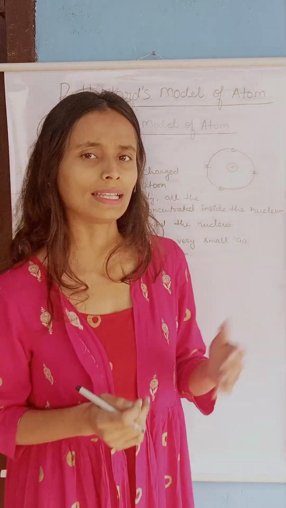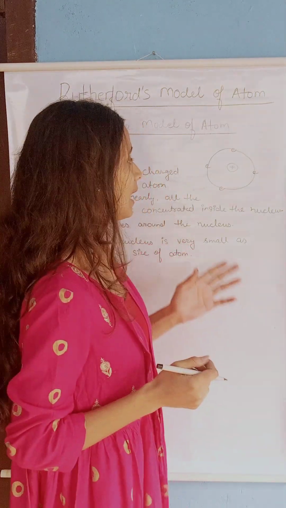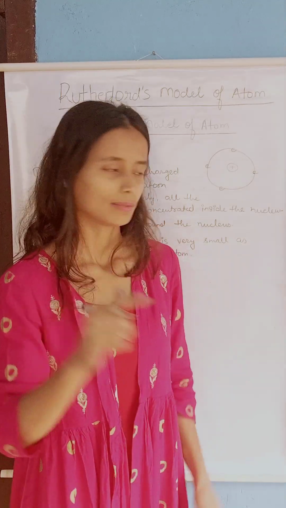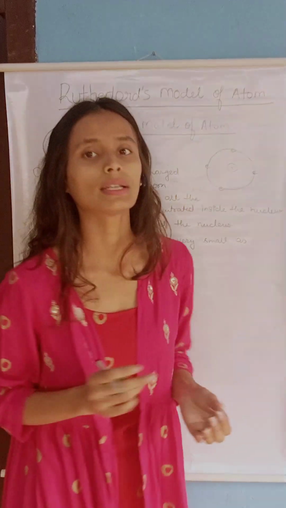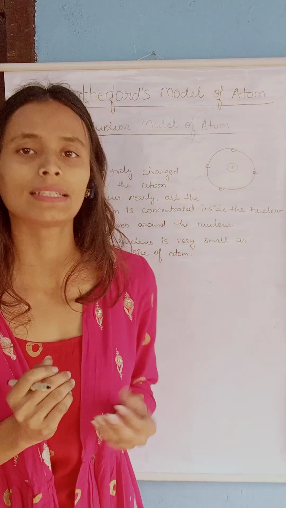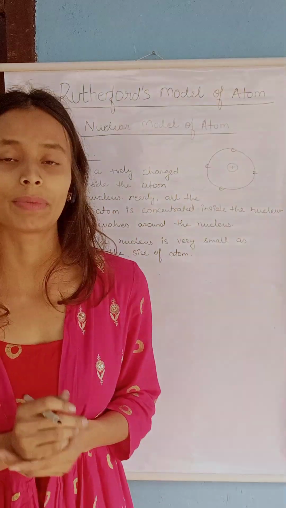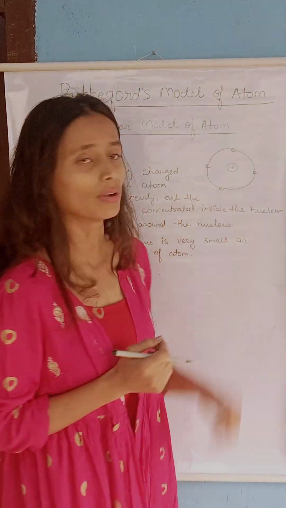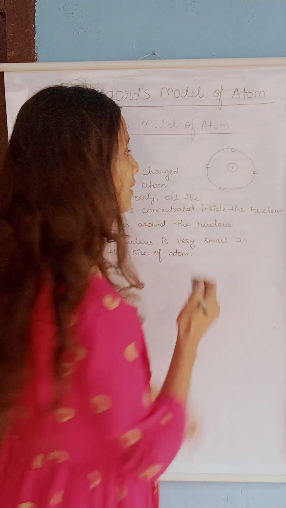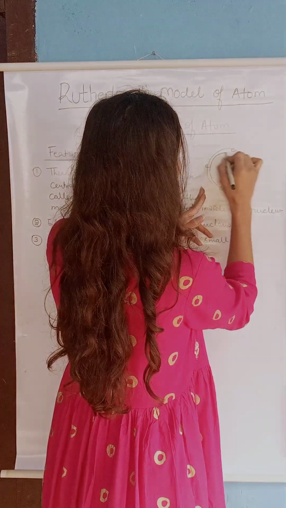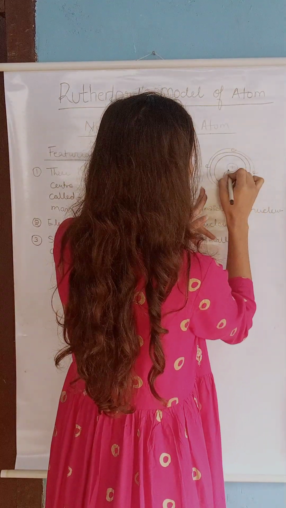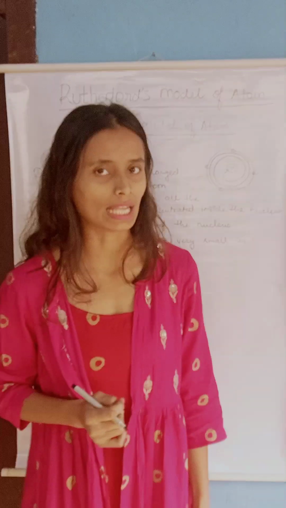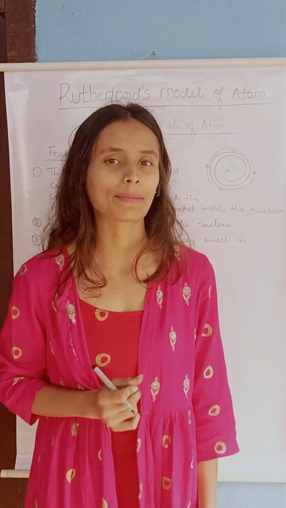Later it was found that any charged body which moves in a circular path radiates its energy because it undergoes acceleration. So if the electrons radiate energy, their orbit would keep getting smaller and they would fall into the nucleus, and our atom would collapse. So he could not explain the stability of the atom.